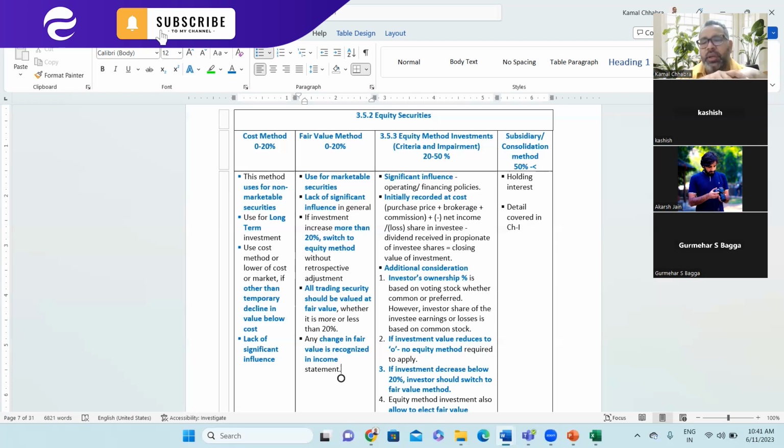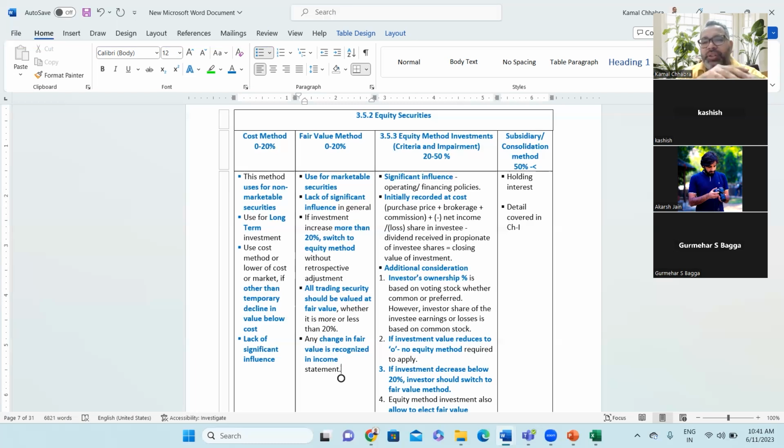Significant influence means you can influence the operating or financing policy of an organization because you are on the board of directors, or you might be in the position of a key management person. Hence, it is considered significant influence.